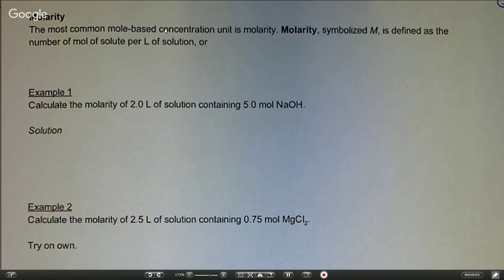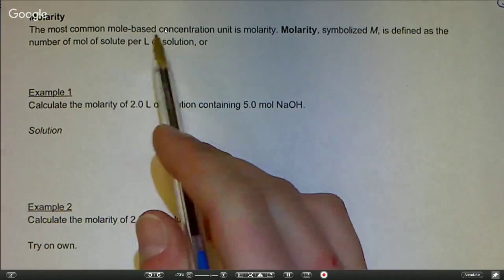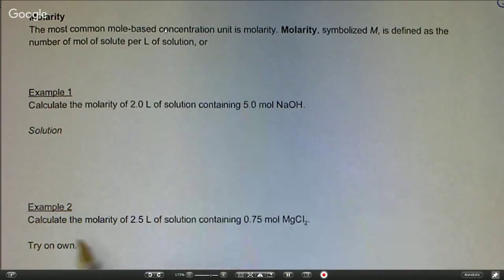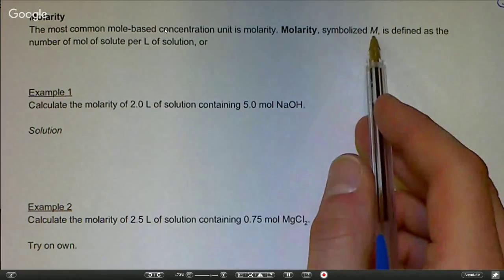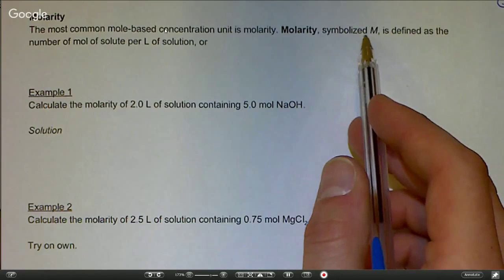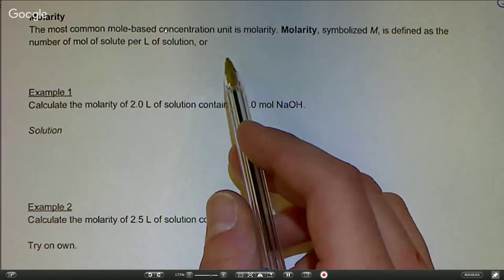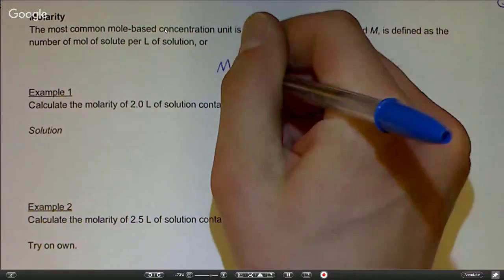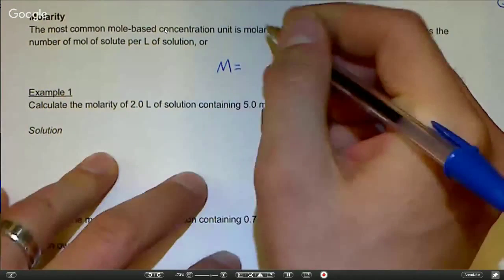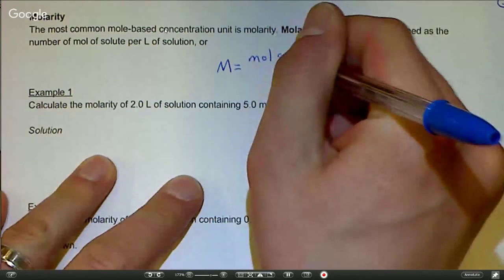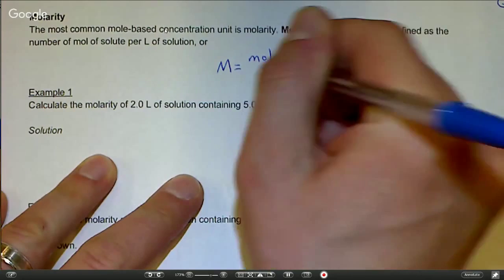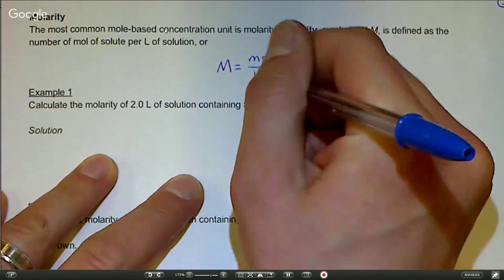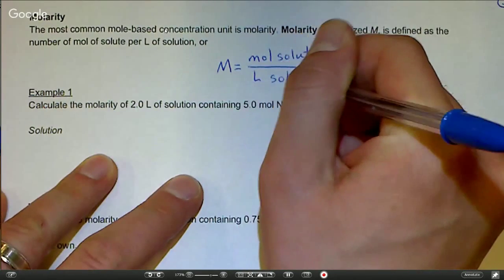So molarity is the most common mole-based concentration unit. Molarity, symbolized with a capital M, is defined as the number of moles of solute per liter of solution, or put into an equation, molarity, capital M, is the moles of solute divided by the liters of solution.